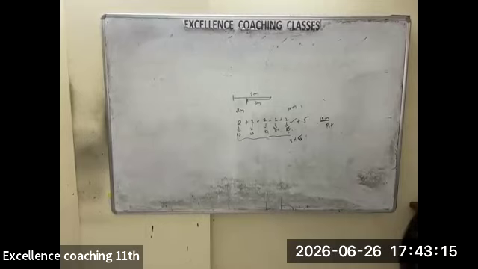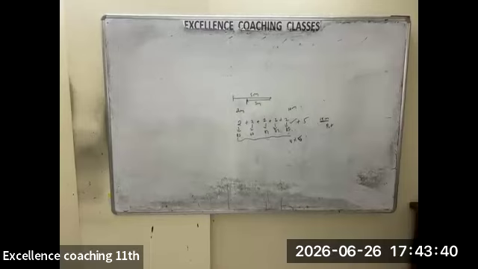Find the displacement. How much? 495 is coming, 90 should come. V square, you have taken 27. 90. All are getting 90.